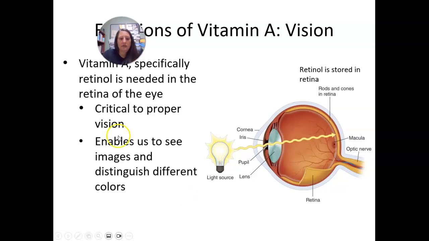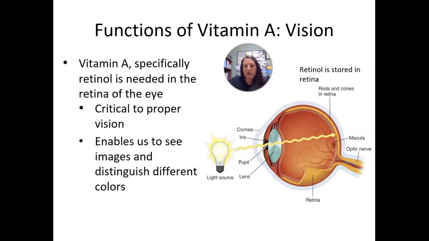Okay, so if we take a peek here at this picture, we can actually see those structures. So the cornea is going to be this clear structure at the front, in front of the pupil, which is where light passes through. The iris is the colored part of the eye. And then in back of that, we have the lens.